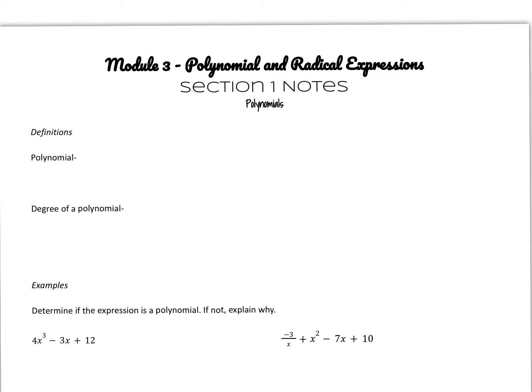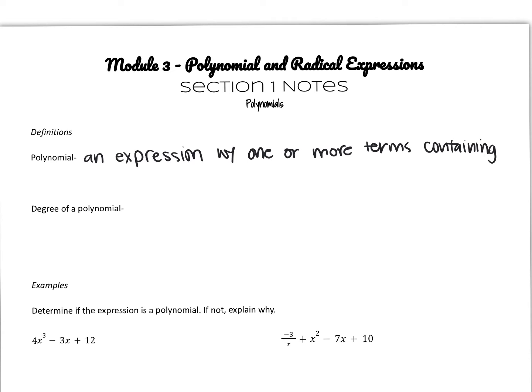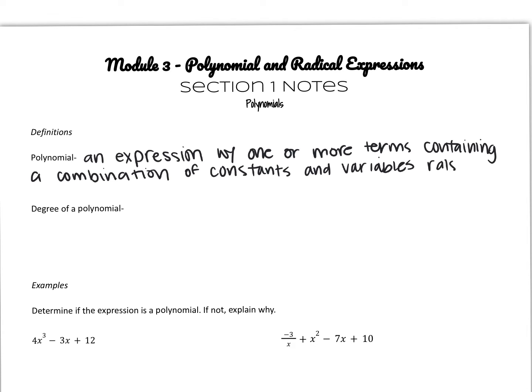A polynomial is an expression with one or more terms containing a combination of constants and variables raised to all positive whole powers.